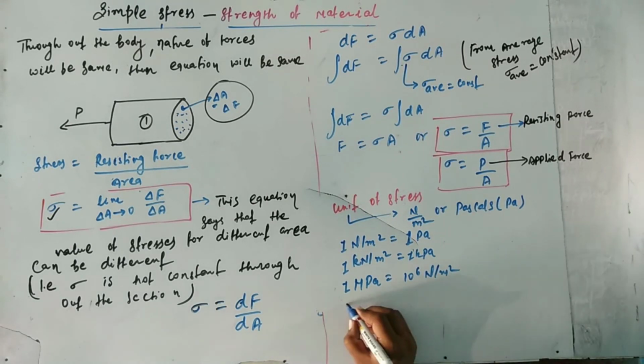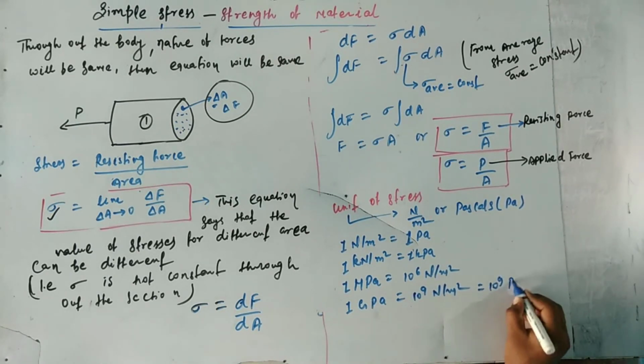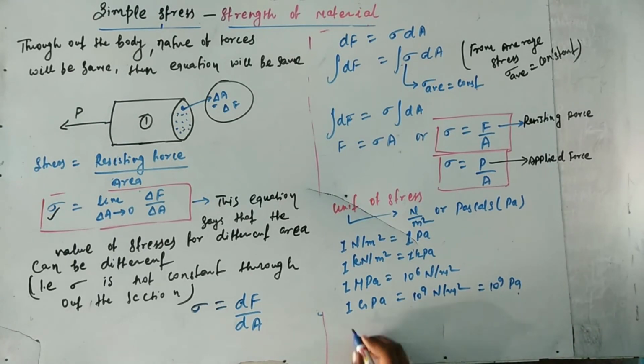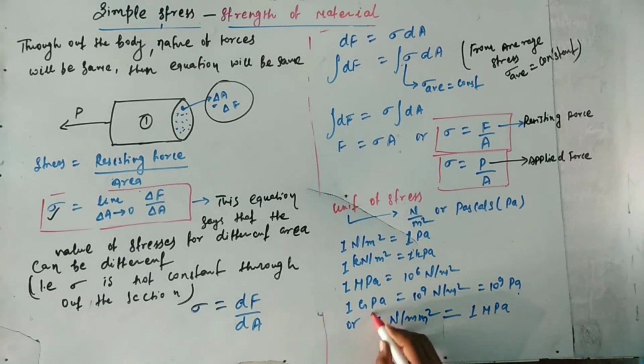Or 1 gigapascal is equal to 10 to the power 9 Newton per meter square, or 10 to the power 9 Pascal. So 1 Newton per mm square is equal to 1 megapascal.